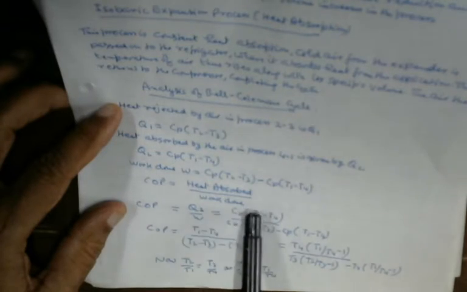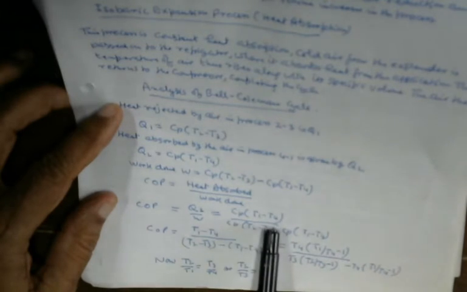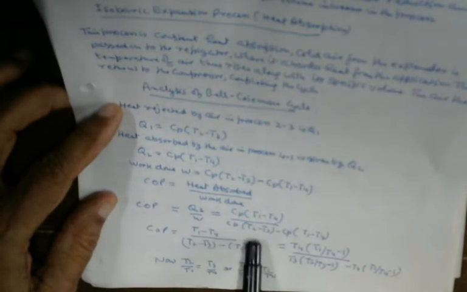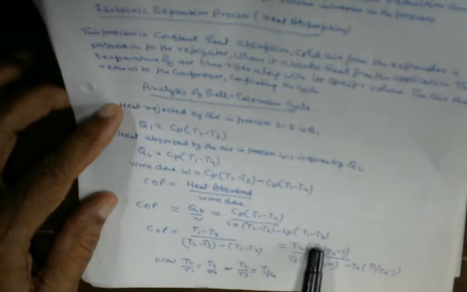So COP will be given by heat absorbed upon work done. Q2 is the heat absorbed in the evaporator or in the brine solution tank, Cp (T1 minus T4), divided by work done, Cp (T2 minus T3) minus Cp (T1 minus T4). In that way COP can be calculated.